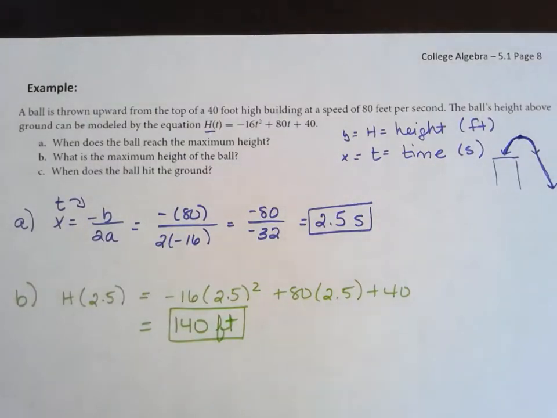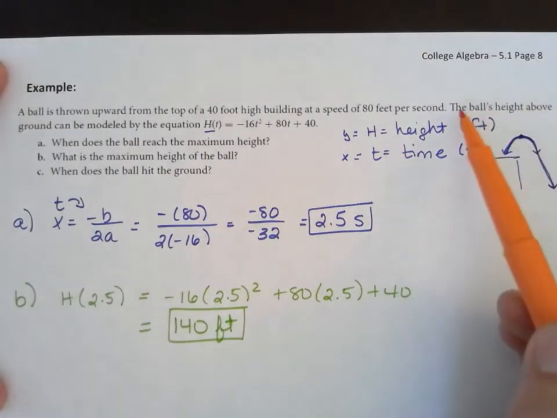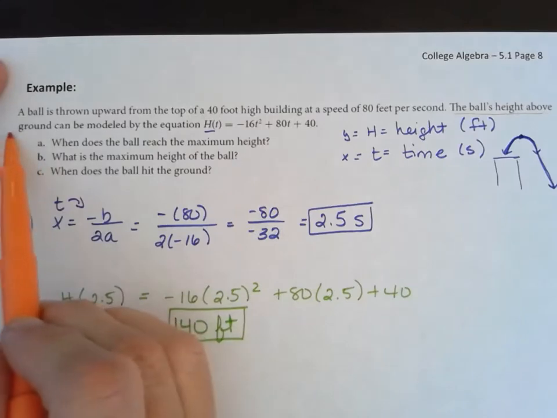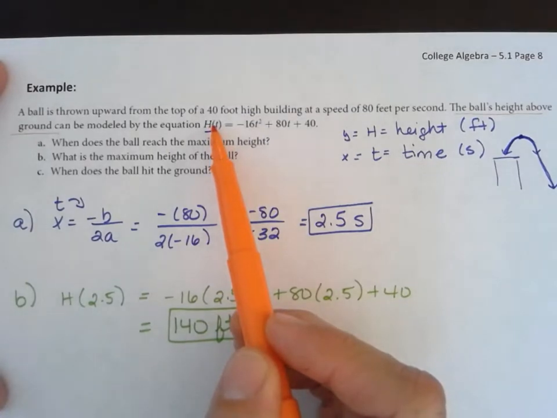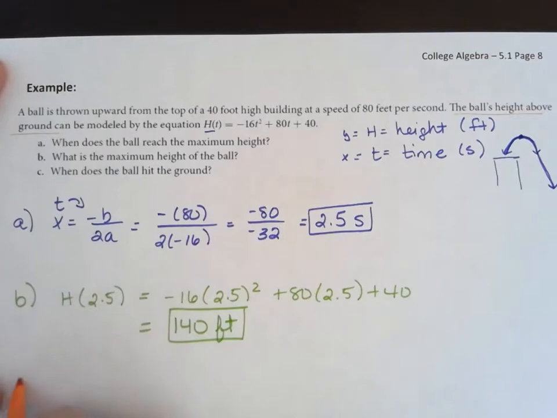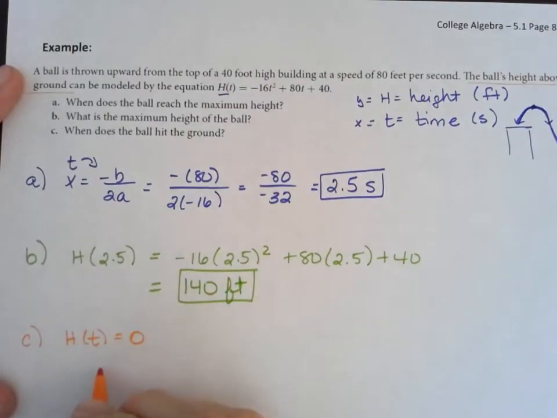Well, let's go back and look at the problem. The ball's height above the ground is modeled by this formula. So if this is the height above the ground, when it hits the ground, the height is 0, right? So what we need to do is let the y, or the h, equal 0.